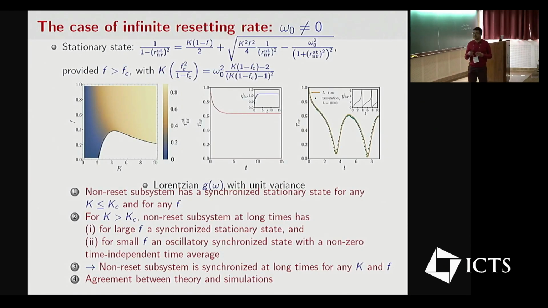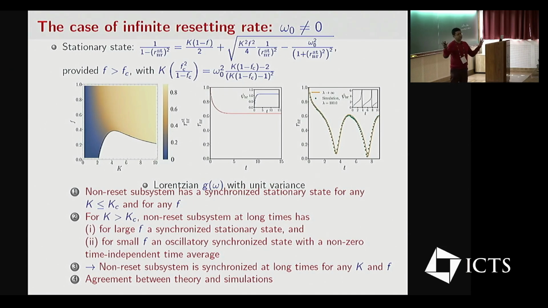And it turns out that in almost all cases that we looked at, at least in the Kuramoto setting, we were able to solve analytically for the order parameter of the non-reset subsystem for both infinite as well as finite resetting rate. Of course, when the resetting rate is infinite, there's a clear time scale separation. There's a time scale at which you are resetting, and there's a time scale corresponding to the bare evolution of the model.